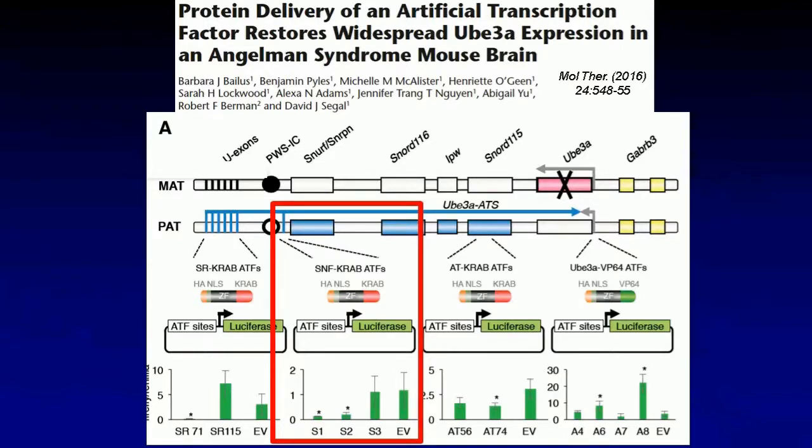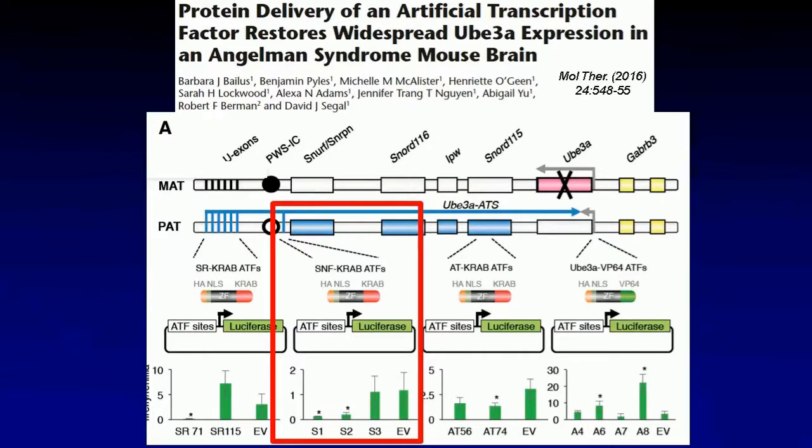So using artificial transcription factor technology, we designed about 10 of these transcription factors to target a mouse model of Angelman syndrome. We designed some transcription factors to directly target the promoter and try to superactivate the promoter on the paternal allele of UBE3A.